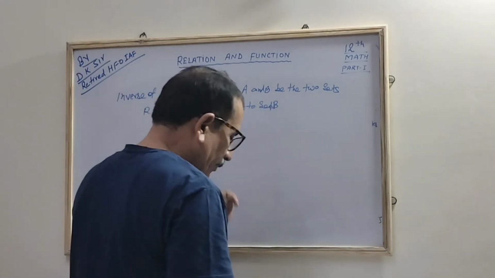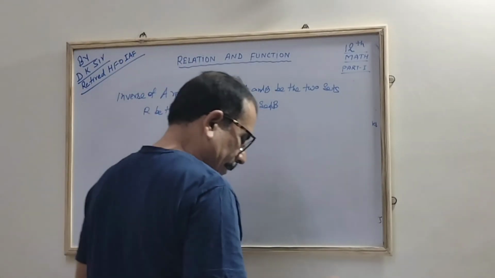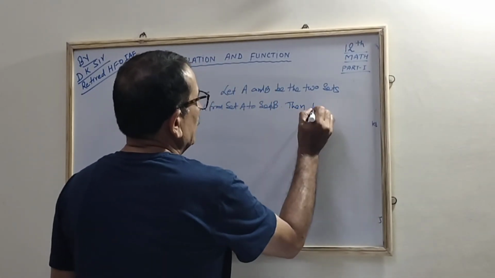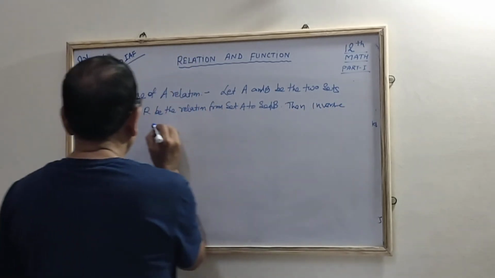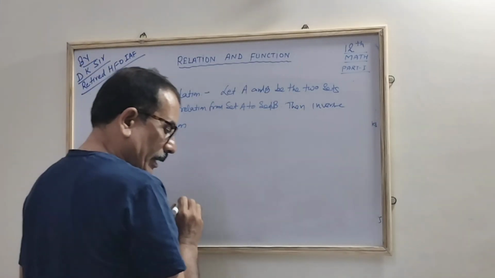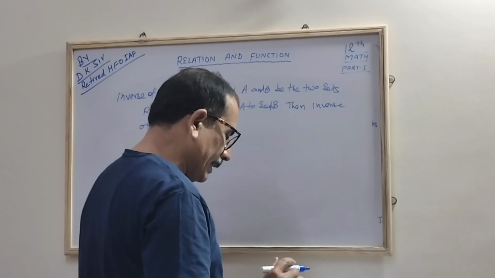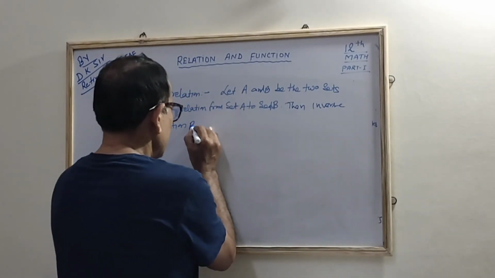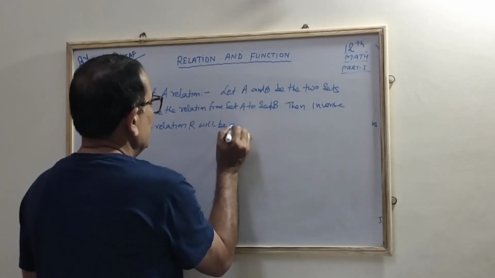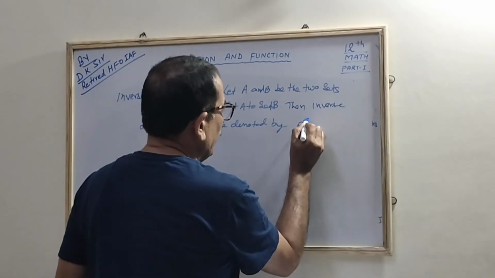Then the inverse of the relation R will be denoted by R to the power inverse, correct?